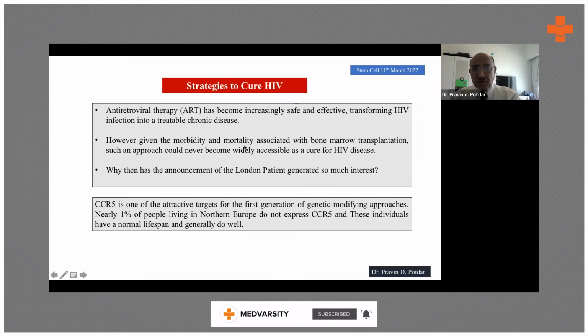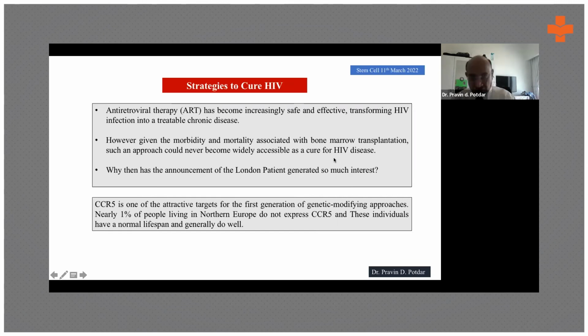However, given the morbidity and mortality associated with bone marrow transplantation, such an approach could never become widely accessible as a cure, because I have already told you that bone marrow transplantation is a big procedure for the patient, their family, and the doctors. Even though we can cure HIV patients by bone marrow transplantation and transplanting donor cells, it is very complicated, so you need to have some alternative way.